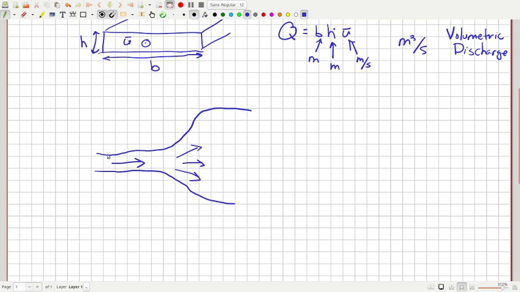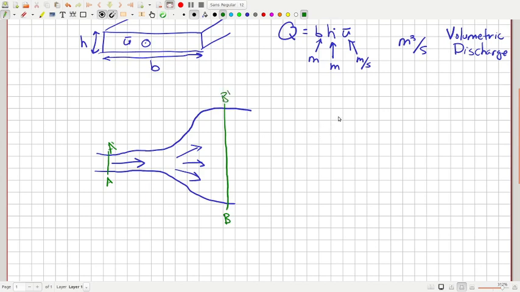So I'm going to draw two cross sections here, and I'll take advantage of having some different colors. This one up here is going to be from A to A prime. And this one out here is going to be from B to B prime.